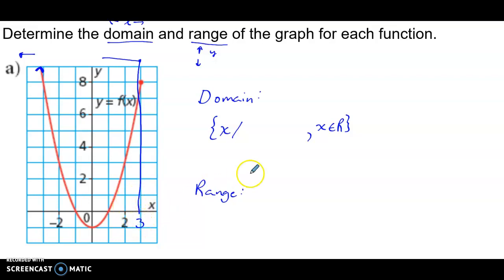That's the furthest value on the right, so that's going to be my highest value. My graph then starts here, and it runs this way forever. So all of the numbers in the domain, all of these x values start at 3 and they continue lower forever. So all of my values for x will be less than or equal to, because we have a closed dot, 3. And x belongs to all the real numbers.